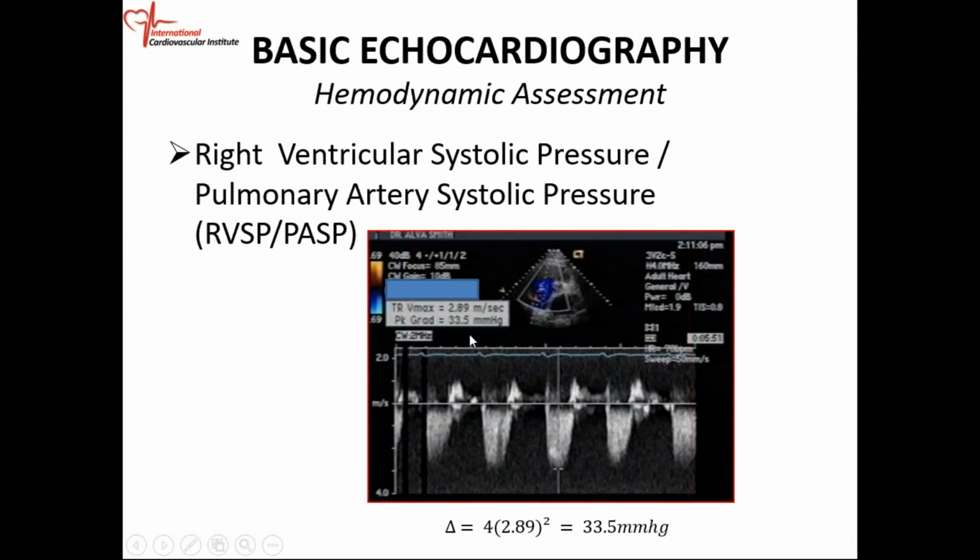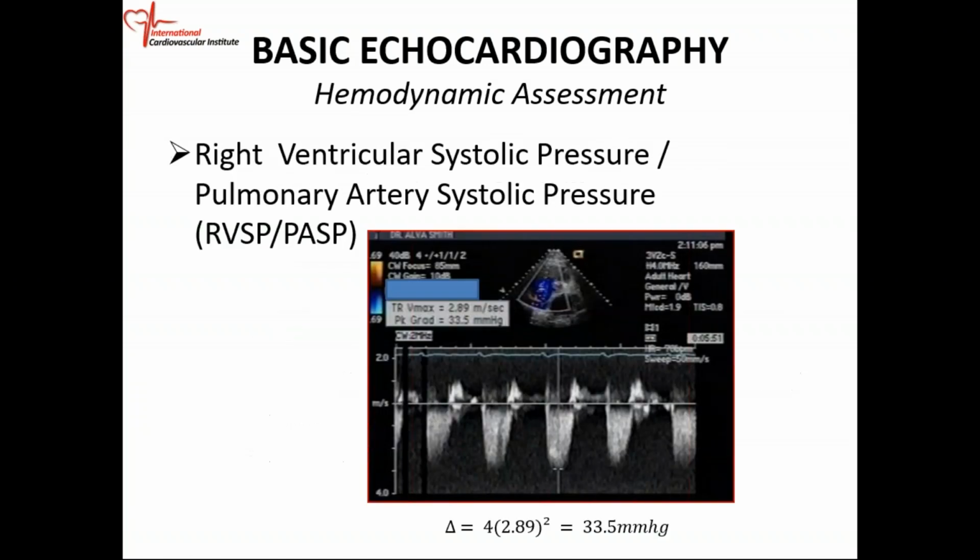That's this number. Okay? The only reason why blood flows from the RV to the RA is because there's a pressure difference. Okay? And we call that tricuspid regurgitation. We can get the velocity. If we square the velocity and multiply by 4, we get the gradient. Okay?